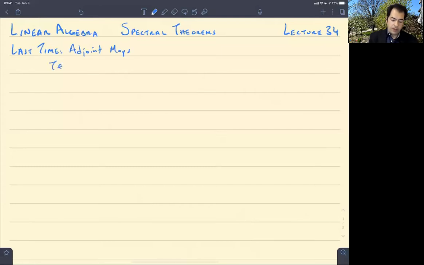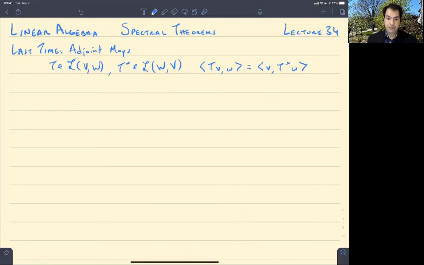If you have a linear map going from V to W, then the adjoint map goes from W to V, and it is characterized by the property that the inner product of T acting on V paired with W is equal to the inner product of V paired with the adjoint of T acting on W. Notice that this inner product is happening on W, and this inner product is happening on V.